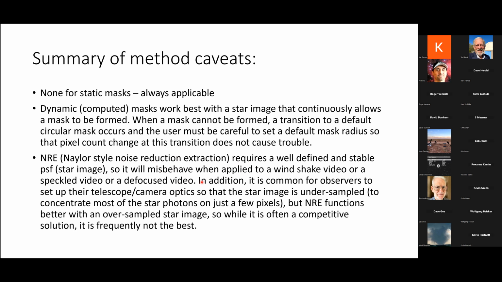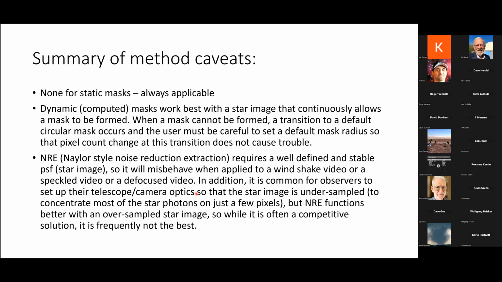I also want to say that most of the occultation observers have chosen their camera optics so that the star image is undersampled. That means you don't really have a good sampling of what the PSF is.